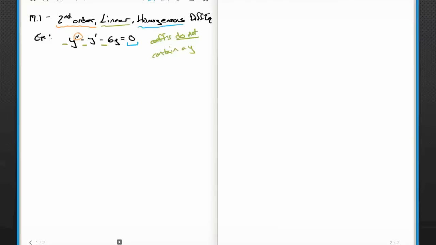All right, so recall the first order ones, we were able to just get one derivative on the left, something else on the right, and we could just integrate. This is a little trickier, so we're going to take a guess at a solution, all right?